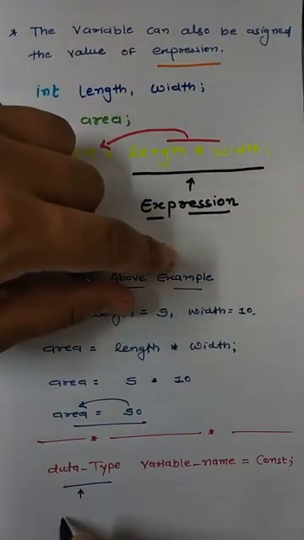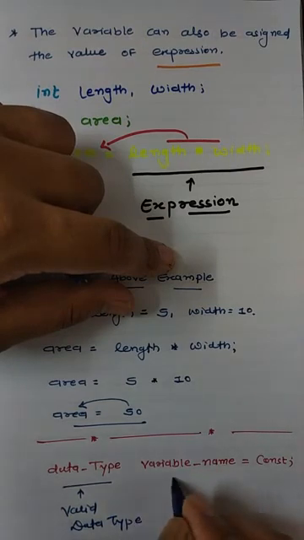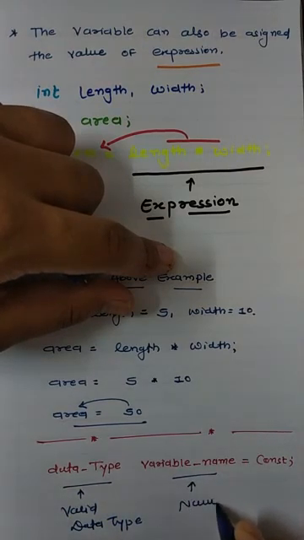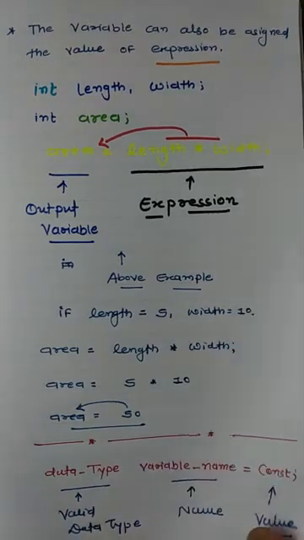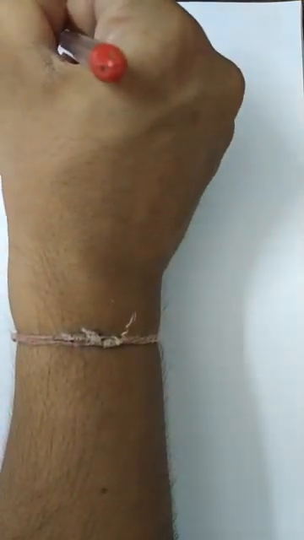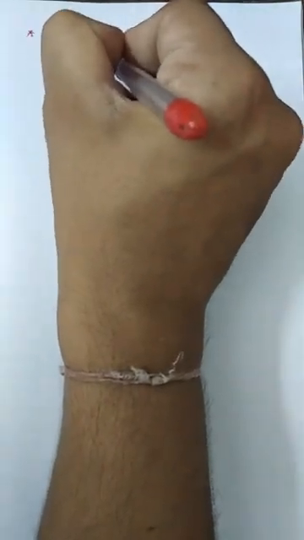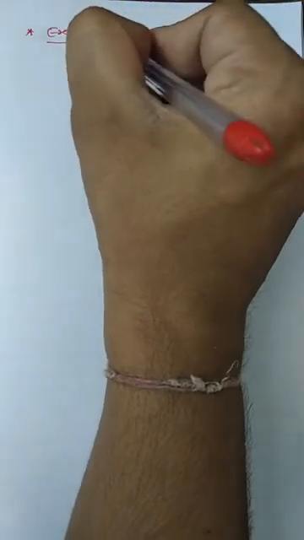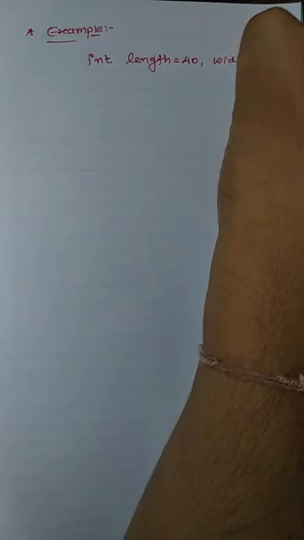That is, any data type, the name of the variable and its value. So let's see one example: integer length is equal to 40, width is equal to 10.